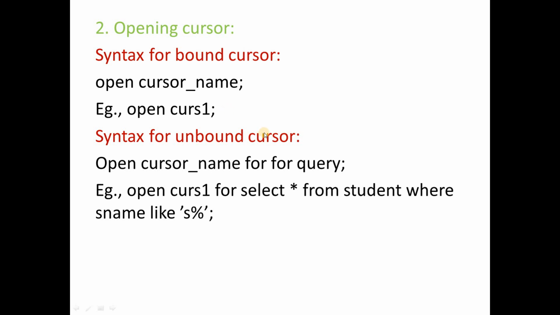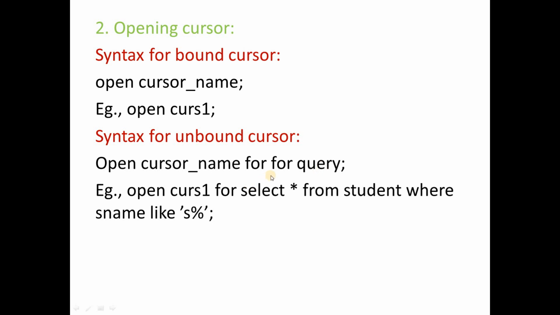And here, the opposite is your unbound cursor, because at the time of declaration of an unbound cursor, we cannot bind any query with that unbound cursor variable. So whenever we open that unbound cursor, we have to assign a particular query to this unbound cursor. So look here, the open keyword is here, after that your cursor name, then the for keyword is here, and after for you have to provide a query.